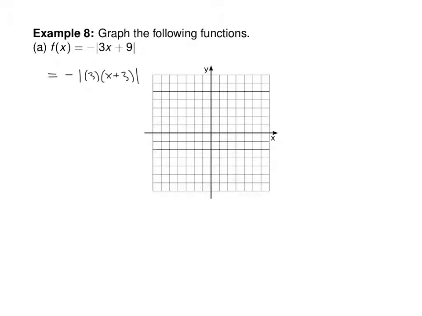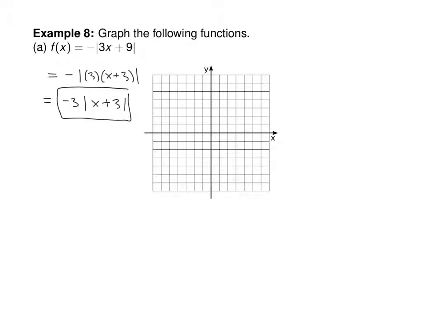Does that make sense? And then you can absolute value that 3, which is just 3, right? So that becomes -3 absolute value x plus 3. So that's the thing, they're going to have the same picture as the other thing, they're equivalent, it's just a better way to write it.